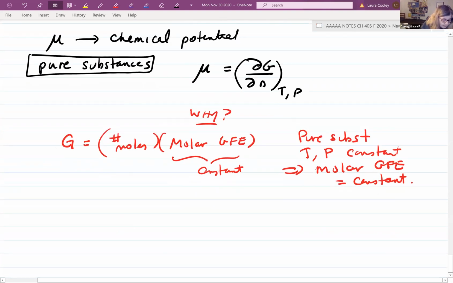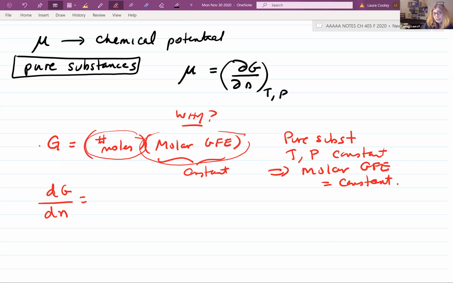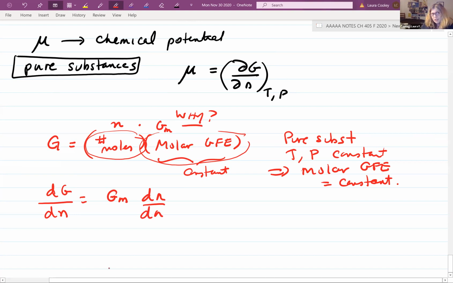So when we take the derivative of this G with respect to the number of moles, we basically have the derivative of a constant times a function, the function being the number of moles. So the derivative is the constant times the derivative of the function. So this is N times the molar Gibbs free energy, GM. We take the constant times the derivative of the moles, which is just 1.